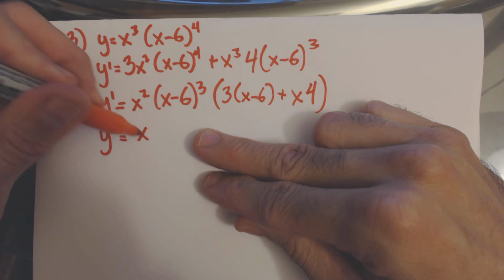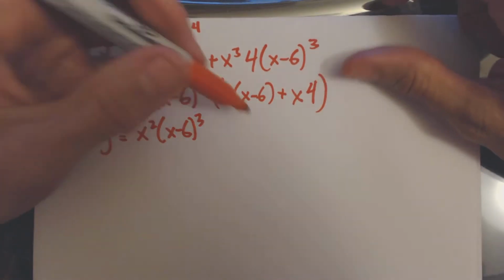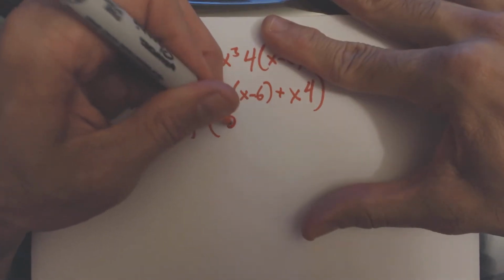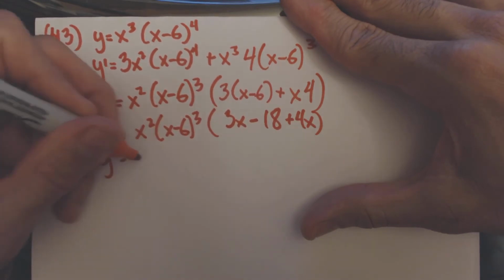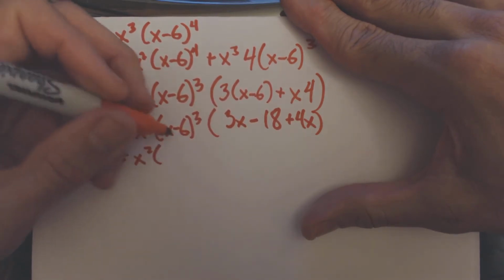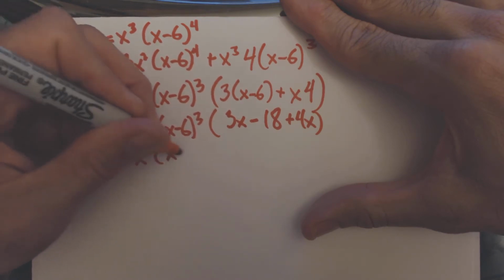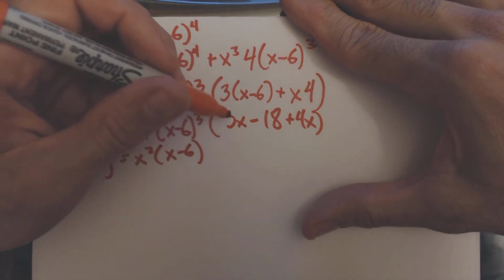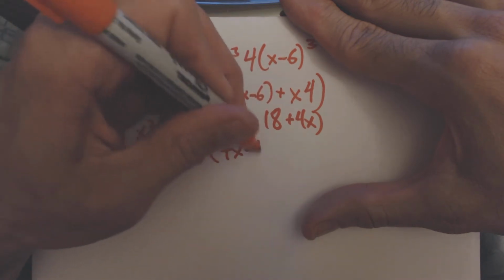So we have x squared times (x minus 6) cubed times (3x minus 18 plus 4x). Y prime equals x squared times (x minus 6) cubed. 3x plus 4x is 7x, so 7x minus 18.